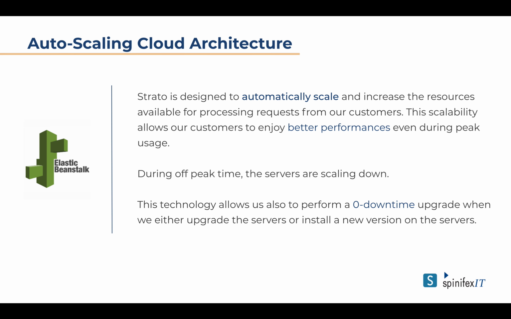So during peak usage, let's say a customer of ours wants to generate 30,000 letters, and a lot of people are connecting at the same time, Strato will auto-scale up, so create a new server or two new servers, process all the workload, and then once the workload is finished or reduced, Strato will start down scaling. So this is something that is automated.